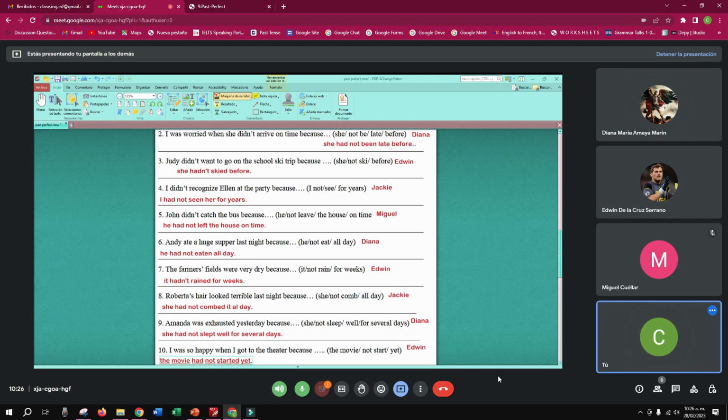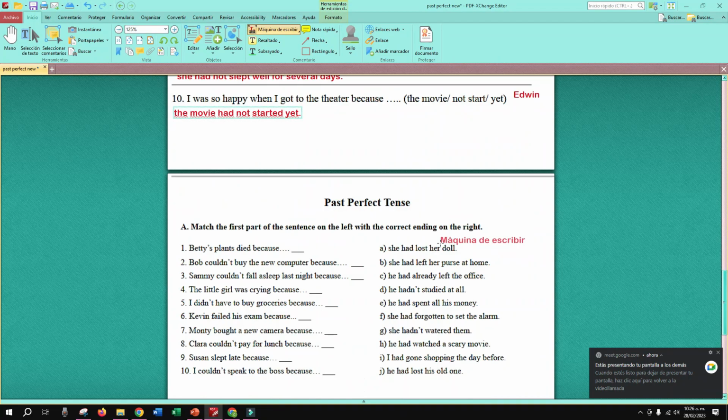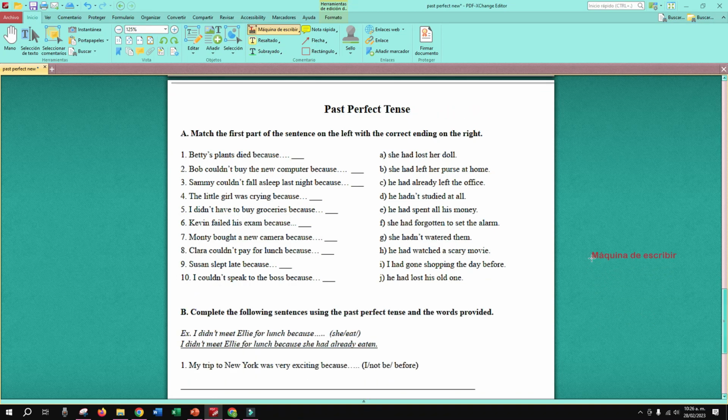Okay. So guys, I guess we have 4 minutes, but let's try to do something. This is easy, I guess. We're going to match that one. It says, match the first part of the sentence on the left with the correct ending on the right.